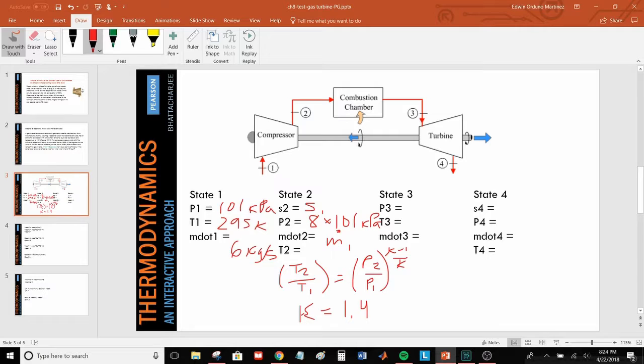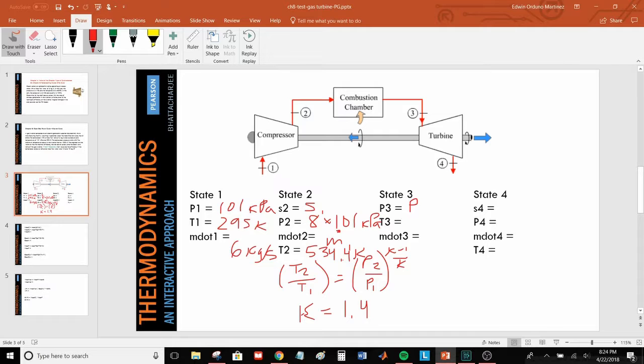When we plug in our numbers, temperature 2 is 534.4 Kelvin.